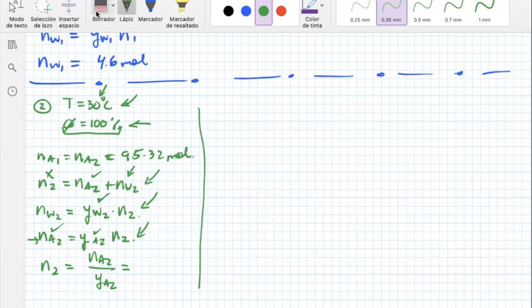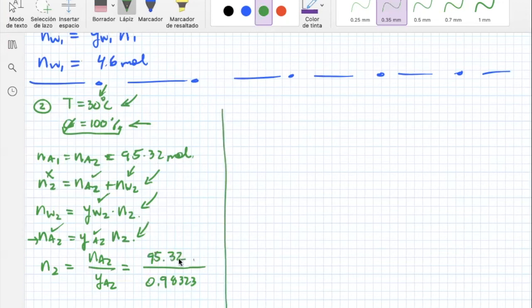So hopefully you can, well, okay, so what I'm going to do here is that this one is 0.98323, and this Na2 equals what I have here as 95.32.